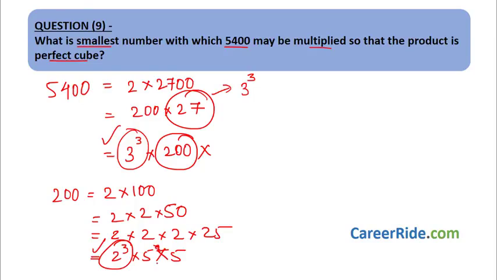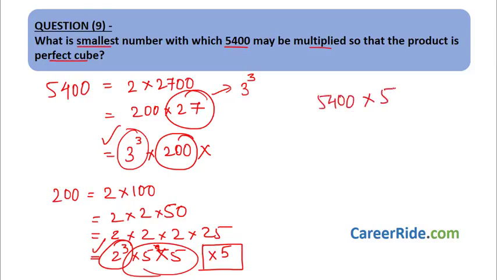Only the thing which is not in cube format is 5. There is one 5 missing. So if we multiply this by an extra 5, then we'll have 2 cube and 5 cube. So just like the square sum, we just need to multiply 5400 by an extra 5, then we'll get a perfect cube. So answer is 5.